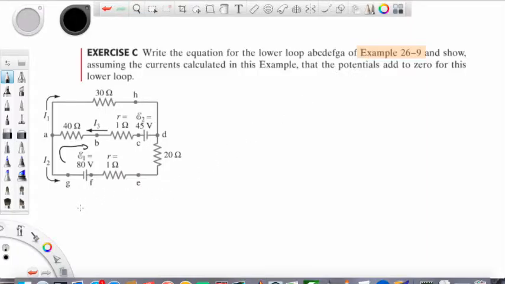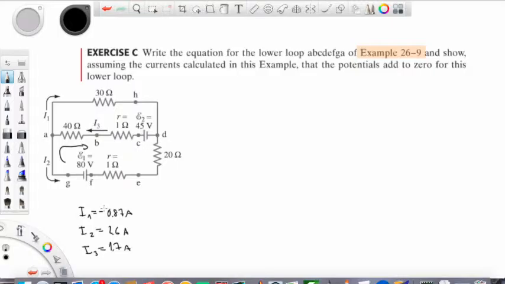In the first part of this example, they got the following currents. I1 was minus 0.87 amps, I2 was 2.6 amps, and I3 was about 1.7 amps.